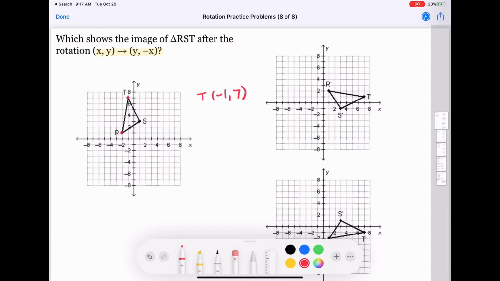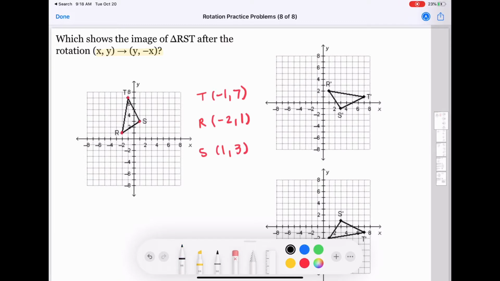R is located at -2 and 1. And S is located at 1 and 3. So once we have written down those vertices, we will then translate those vertices using this mapping rule to find out our new coordinates.